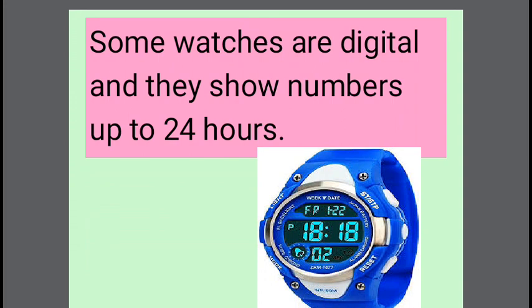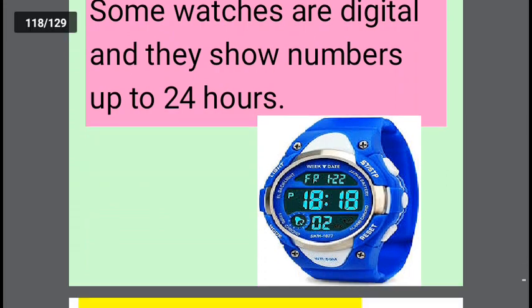Some watches are digital and they show numbers up to 24 hours. So your digital wristwatch that mommy and daddy bought for you can show numbers up to 24 hours, and you don't need to think of what time it is. Just check it. It will show you the right time.